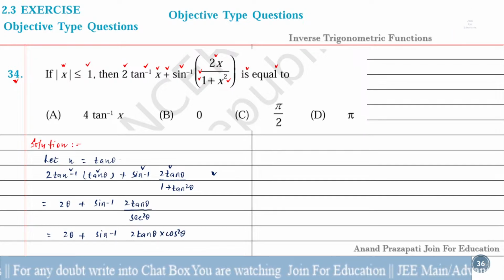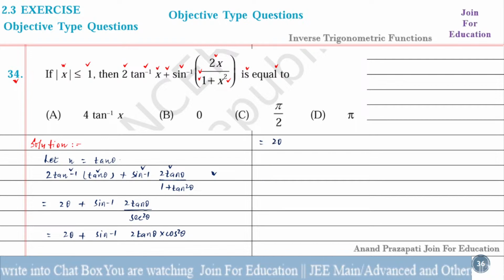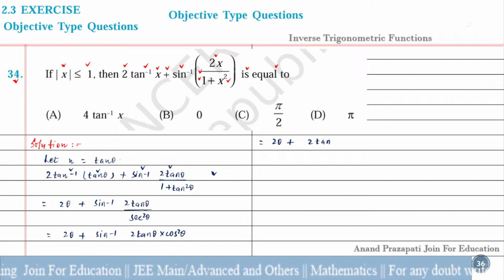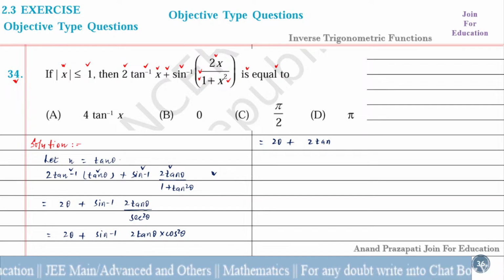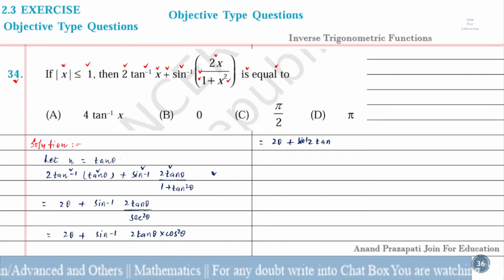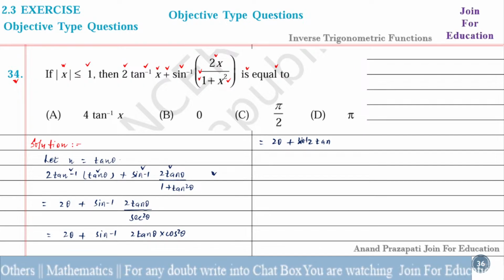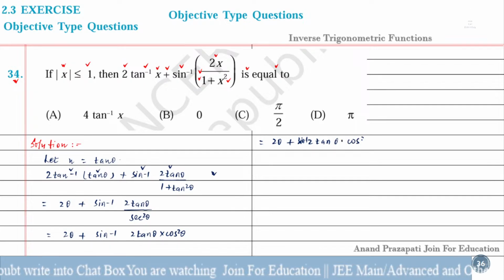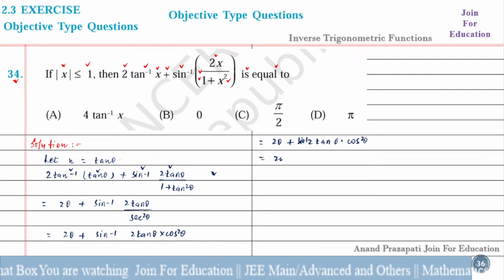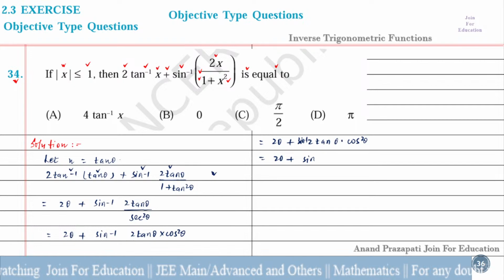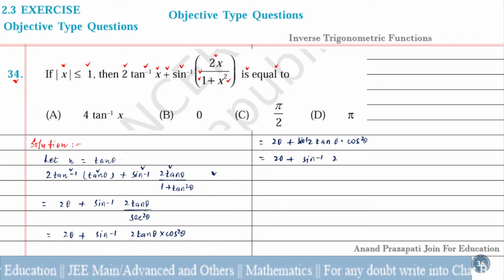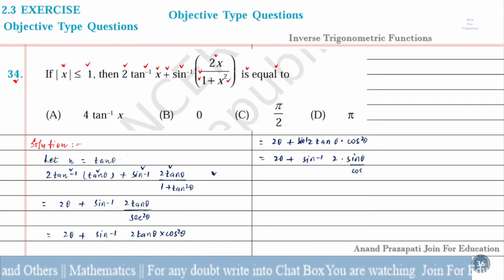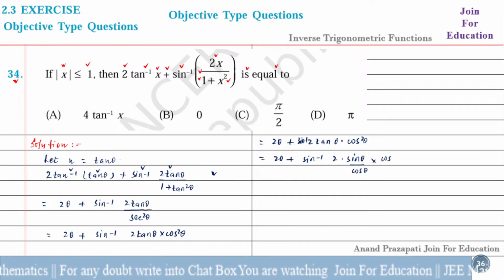Let's see the next step. It will be 2 theta plus sin inverse of 2 tan theta into cos square theta, which equals 2 theta plus sin inverse of 2 sin theta by cos theta into cos square theta.